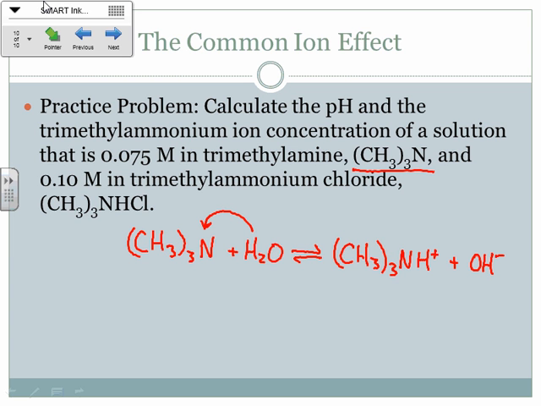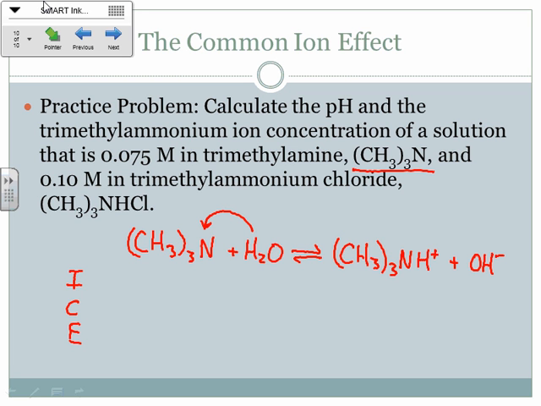So there's our equilibrium. That one's a little bit tricky. The weak base ones are sometimes more difficult to see, but you just have to remember that a base is taking a hydrogen from the water.